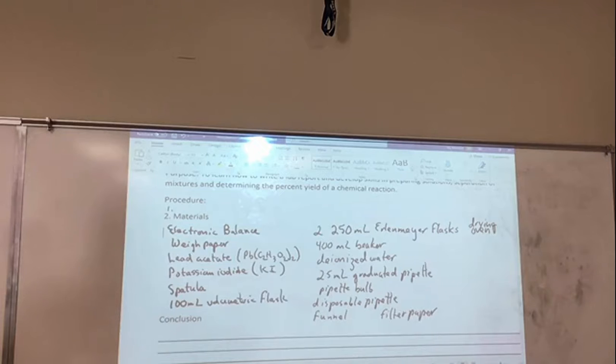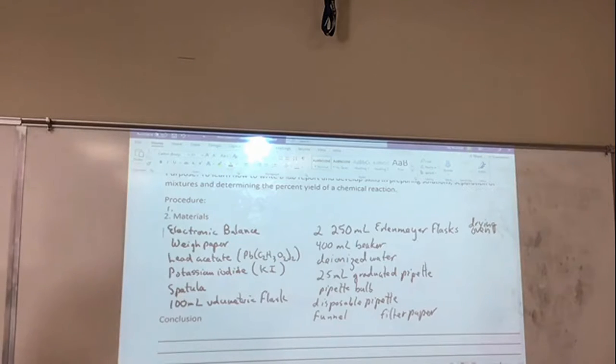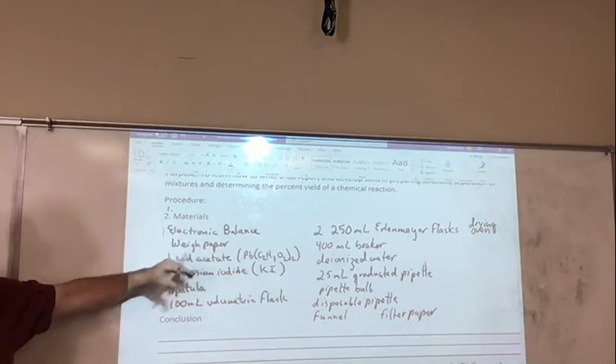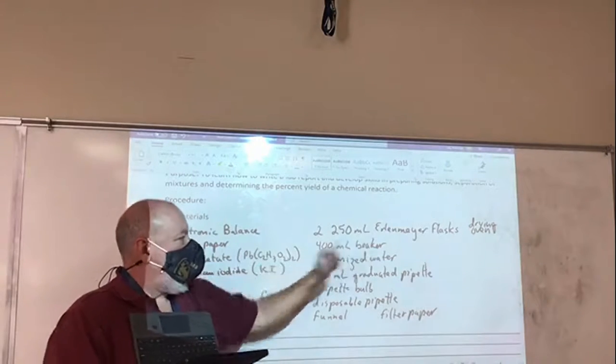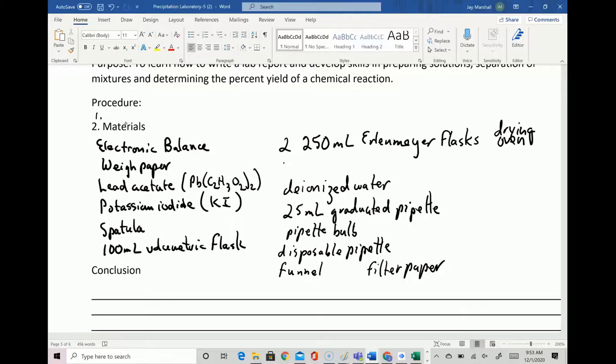You can steal and publish it a lot easier online. Okay, that's true too. But you can't fake it. You can't go back and change things after the fact. There's a way that you're supposed to do things. If I had this list of stuff here and I said, oh, wait a minute, it wasn't a 300 or 400 milliliter beaker, it was a 1,000 milliliter beaker, you can't go back and erase this.